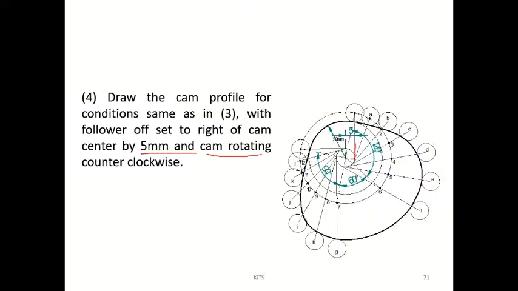Then connect this point here, and keep your protractor on this inclined line and start to count 20, 40, 60, the inner circle, 80, 100, 120.